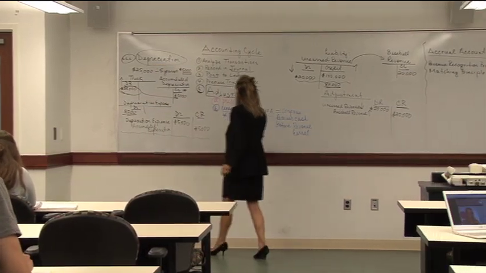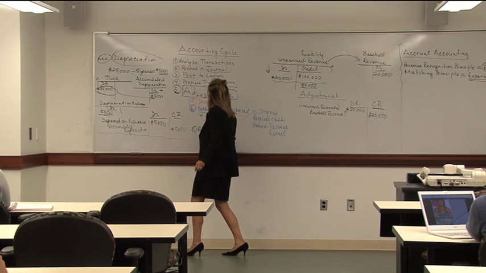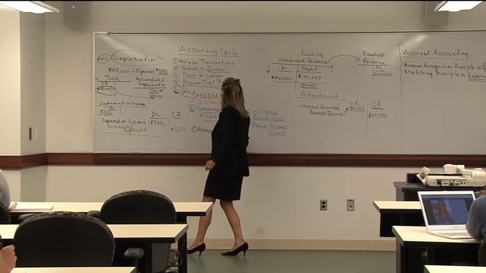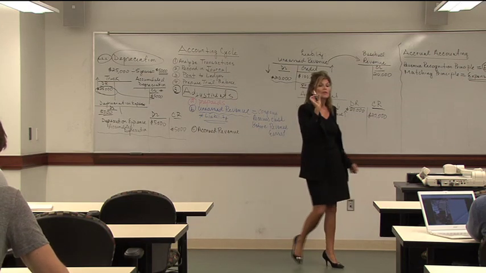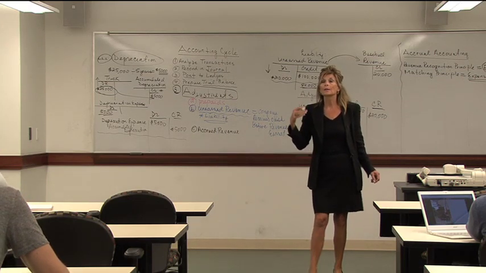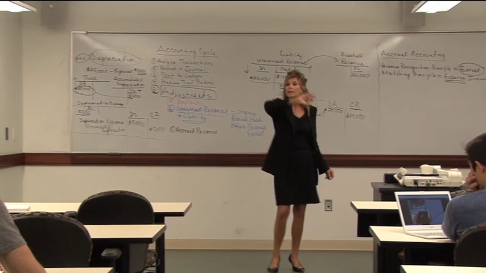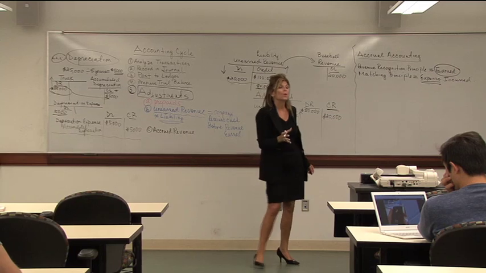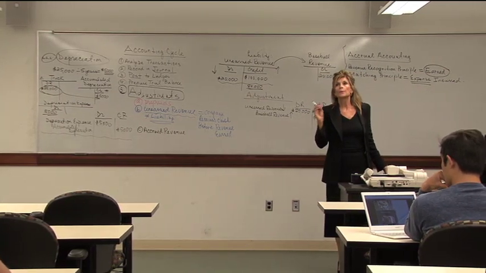All right, C, we're going to talk about accrued revenue. So we want to make sure during our adjustment phase, during our last look at our accounts, that the entire story is being told. So I want to make sure that all revenue earned is being reported.